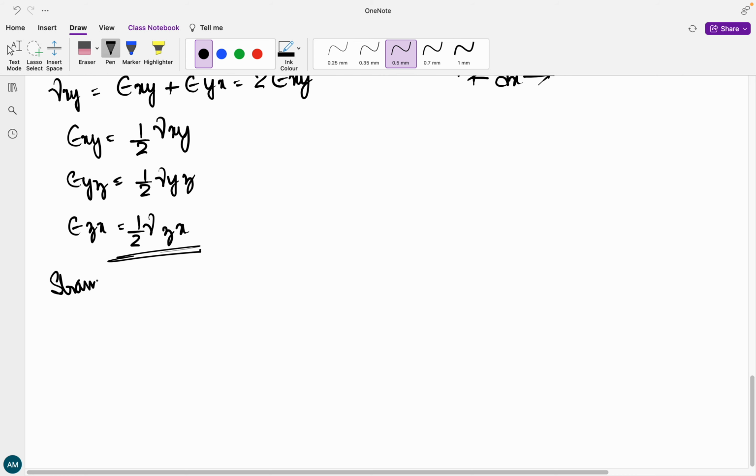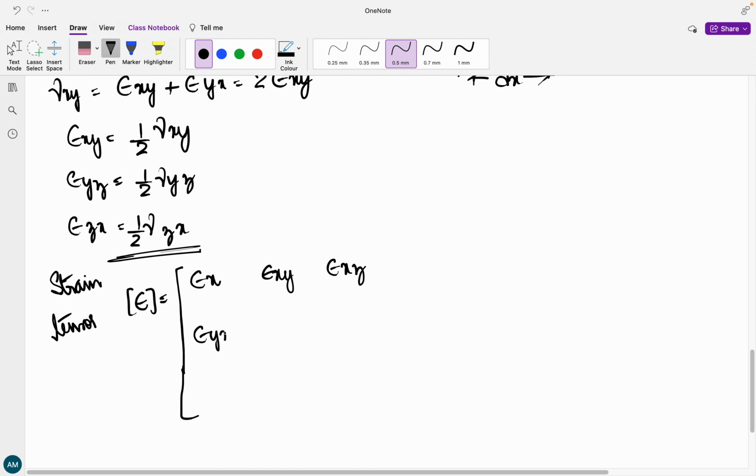We will be rewriting the strain tensor, that is epsilon, which is equal to epsilon x, epsilon xy, epsilon xz, epsilon yx, epsilon y, epsilon yz, epsilon zx, epsilon zy, epsilon z.